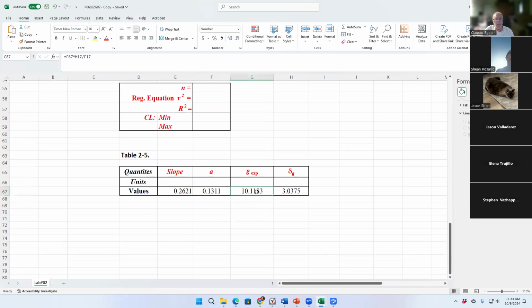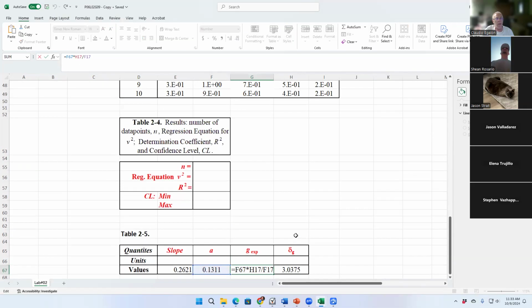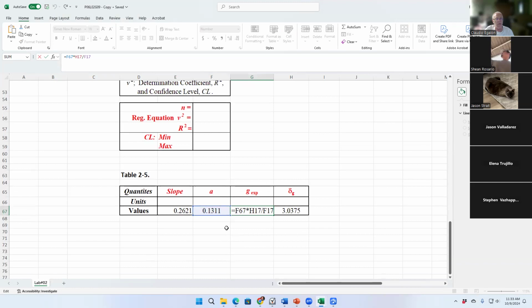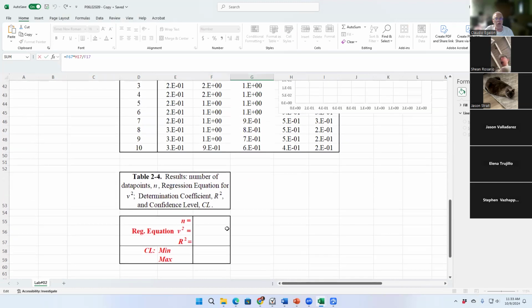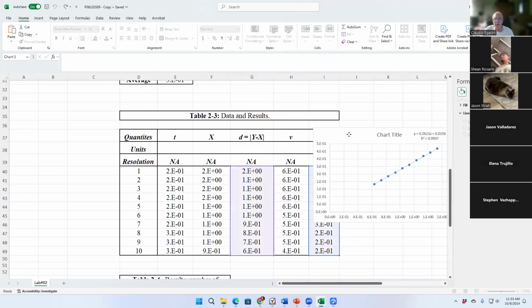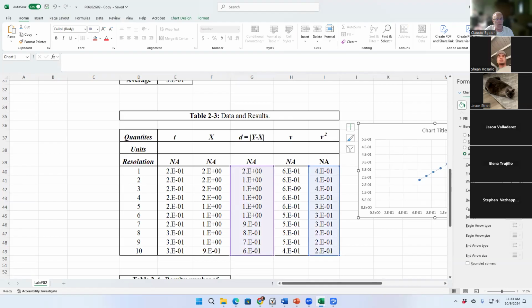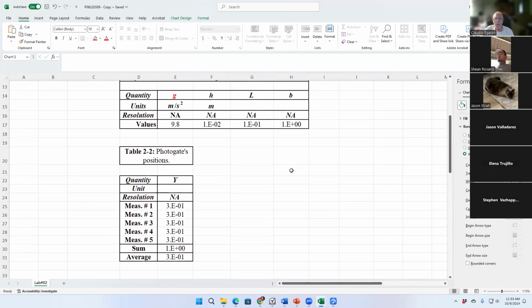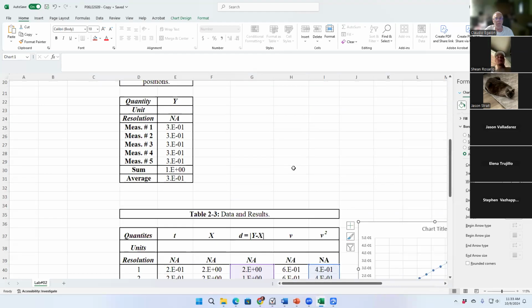And then there is a relationship between the acceleration of gravity and the acceleration of the cart. There's a very nice formula that's given by what you see right here. F67 is A, H17 is B, A for acceleration, right?